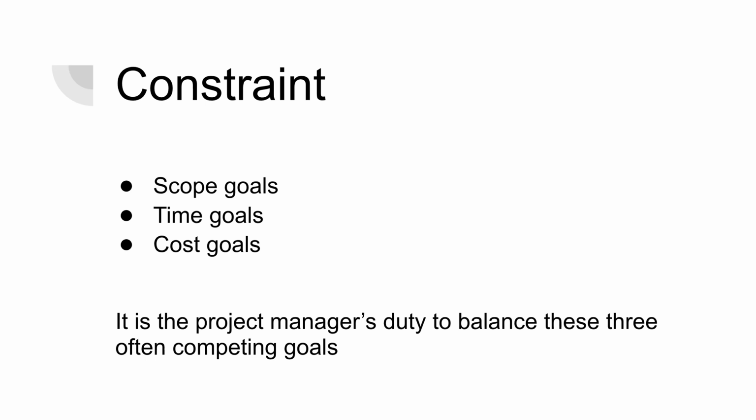So when you are dealing with a constraint, the project manager should decide: are we going to make that change, change the scope and let the cost and time go up? Or do we say that doesn't make sense, because if we have such a feature our time and cost will go up, so we will not take that scope on? It is the duty of the project manager to decide whether we go for it or not.